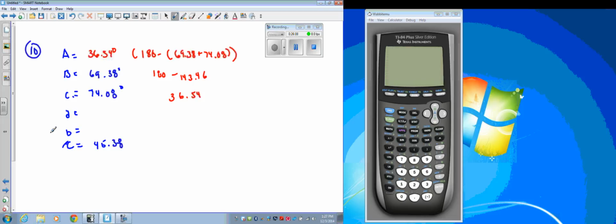The information that you have, this is the only ratio that you truly know, c over sine C, because those are the only two values you've got. You see, you have small c is 45.38 over the sine of 74.08.